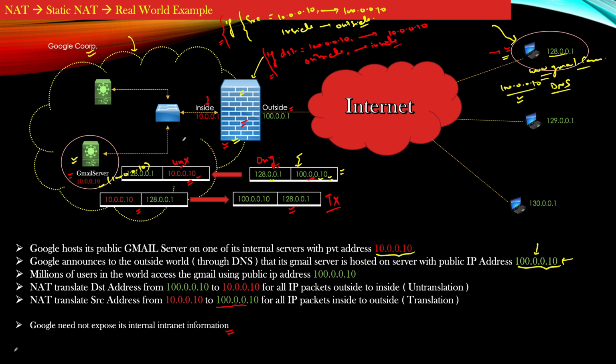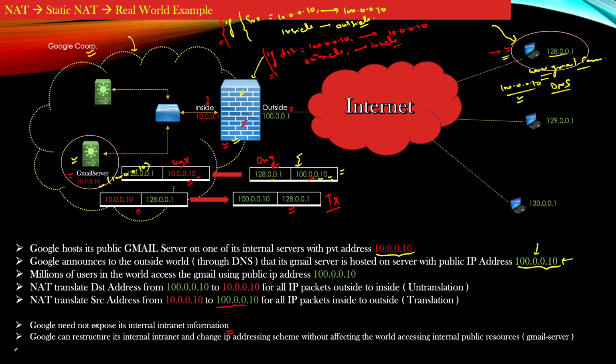Google need not expose that its Gmail server is actually running on some IP address, for security reasons. Google can restructure its internal intranet and change the IP address scheme without affecting the world accessing internal public resources, for example, the Gmail server.